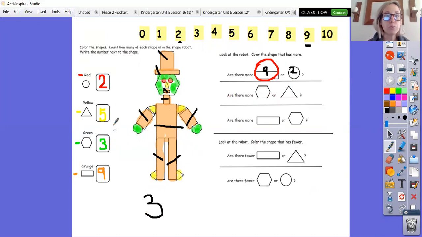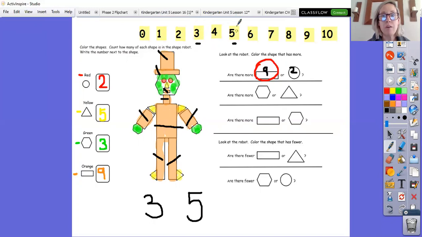Or how many triangles do we have? We had 5, okay? So up on our number line, let's erase these. Let's find the number 3. 0, 1, 2, there's 3. Okay, let's find the number 5. 0, 1, 2, 3, 4, 5.